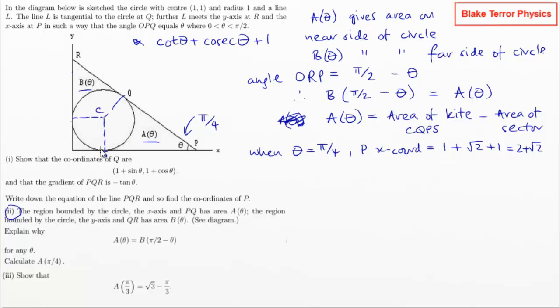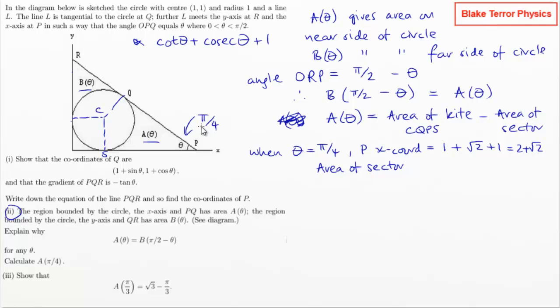Then how are we going to work out the area of the sector? Actually the kite looks possibly easier, because it is just 2 lots of that right angled triangle. Area of the sector: everything's symmetrical.